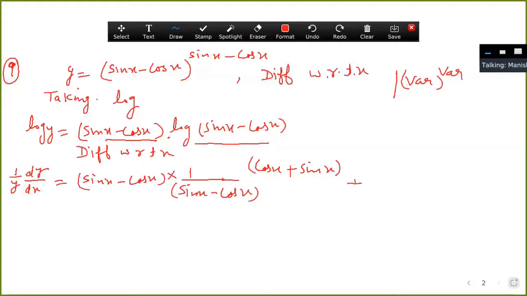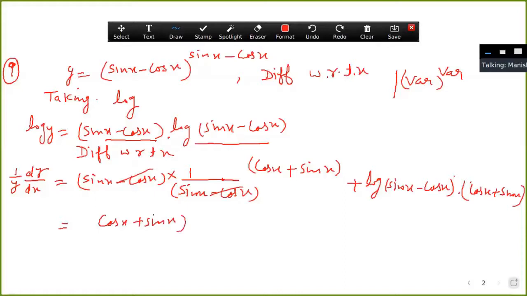Plus sign. Now log of (sin x minus cos x) as it is, into the derivative of sin x minus cos x, that is cos x plus sin x. Now you can see here these two terms cancel, and in the next step you can write the equation like this, taking cos x plus sin x common: 1 plus log of (sin x minus cos x).